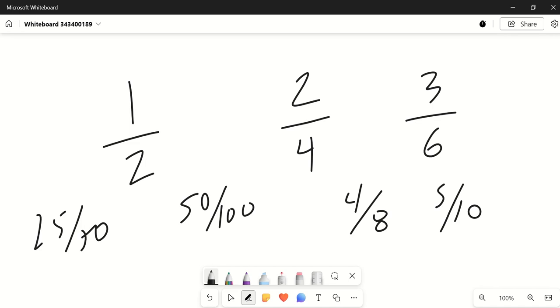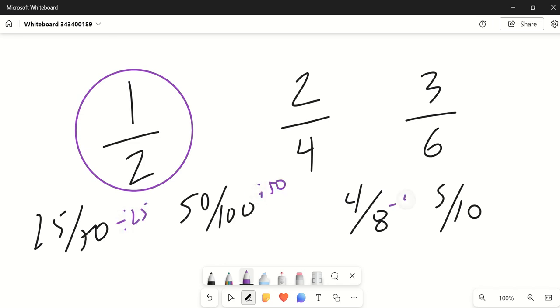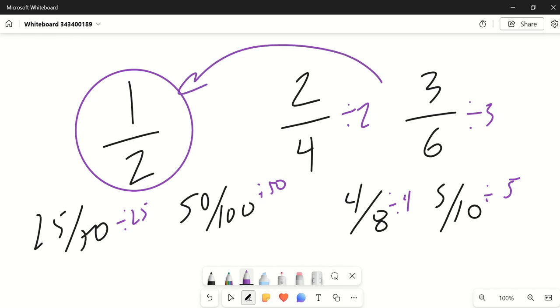All of these relate back to 1/2 because they are all 1/2 in some form or another. If I divide these both by 25, both by 50, both by 4, both by 5, both by 3, and both by 2, they will all end up becoming 1/2 when all is said and done.